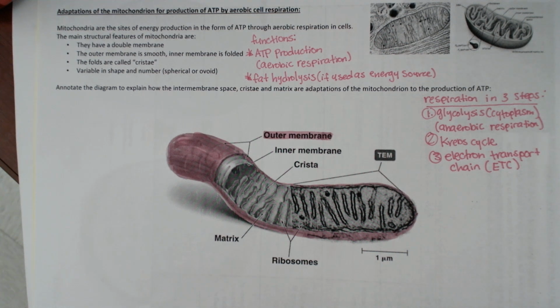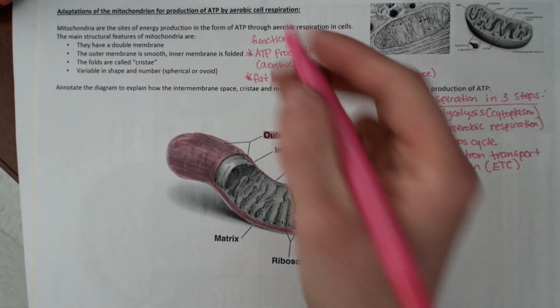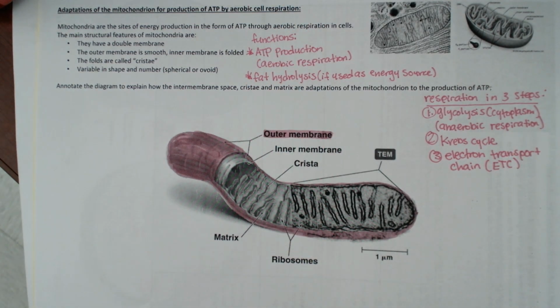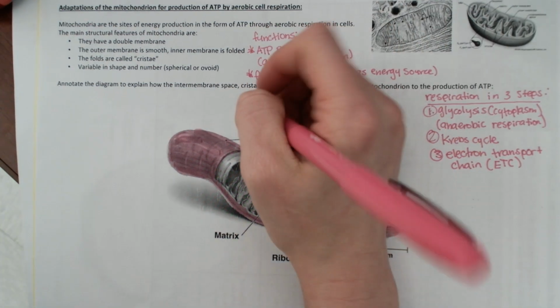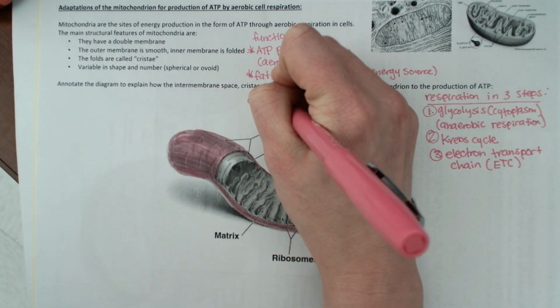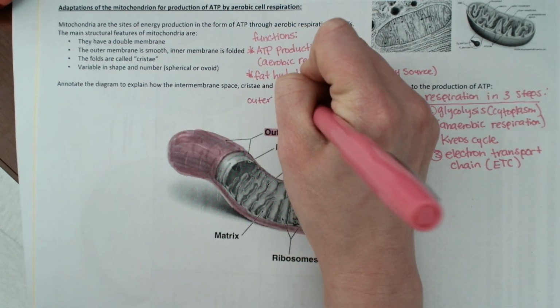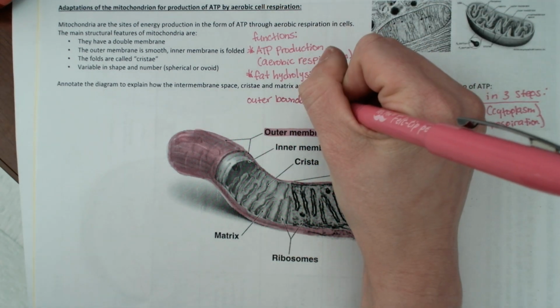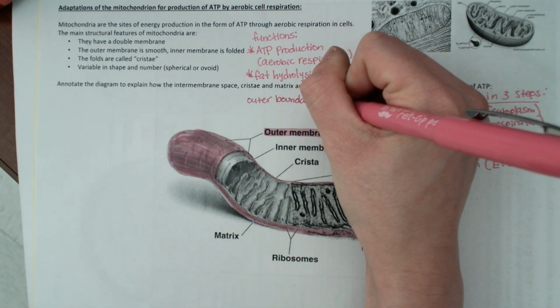Okay, that's stressful. And so your outer membrane, oh, I shouldn't write it in the same color. That's going to get confusing. Oh, so the other pink. It's ever so slightly different. It's just the outer boundary of your mitochondria. It helps provide evidence for endosymbiosis.